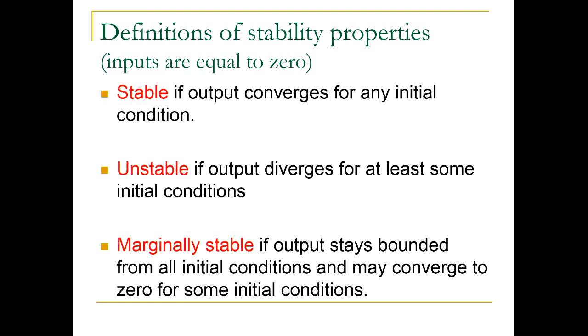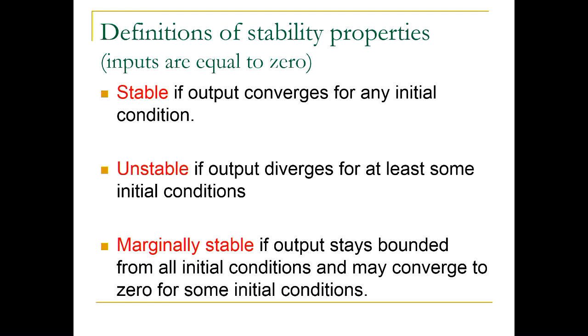So you initialize it for some initial conditions, the output would diverge. By the way, if this happens for a single initial condition in a neighborhood, you would have instability. Definition requires that for all initial conditions you converge, and if there are some initial conditions for which you diverge, the system is unstable.